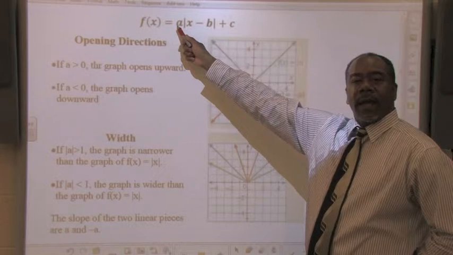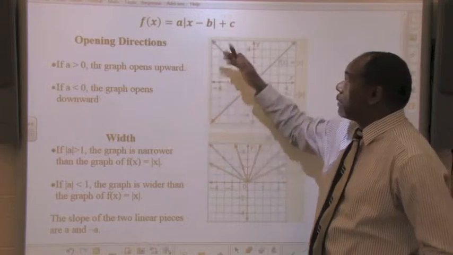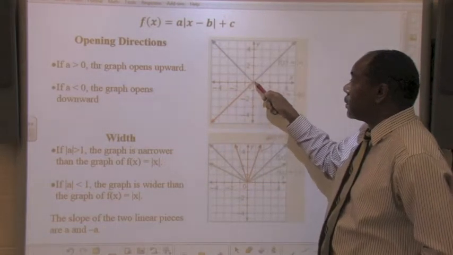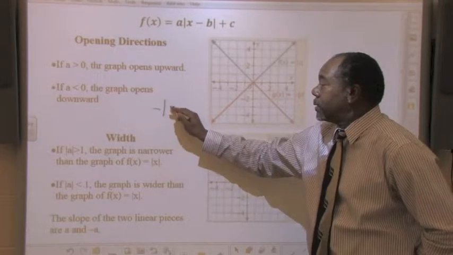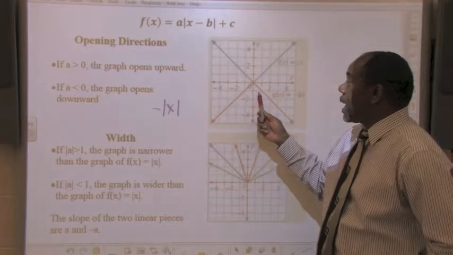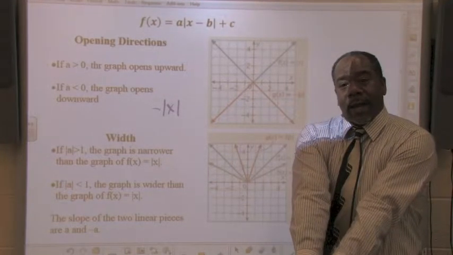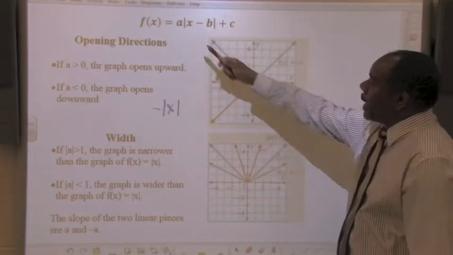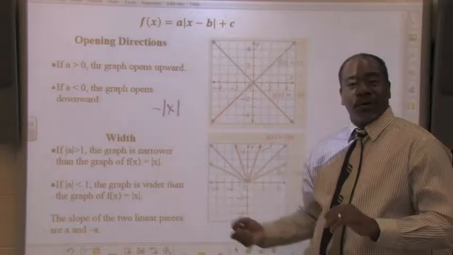Key thing, if the a is negative, whatever it is, it flips it. Instead of opening upwards, it would open downwards. So the red function here is literally this. It's the absolute value. Instead of pointing up, it opens down. The a value itself will either make it wider, or I always say narrower.